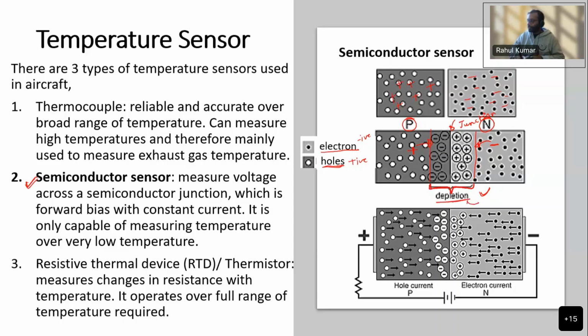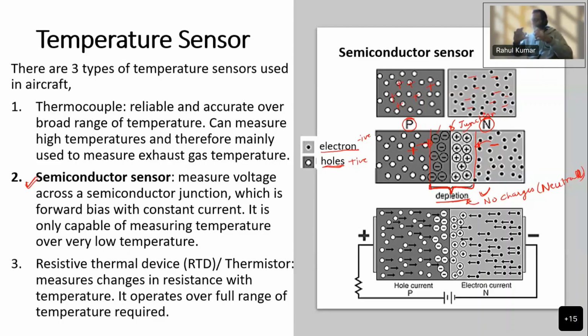This depletion region is the region where you have no charges, or it will be neutral. You have an equal number of positive and negative charges at the junction, which means they cancel each other, and you have a neutral region.